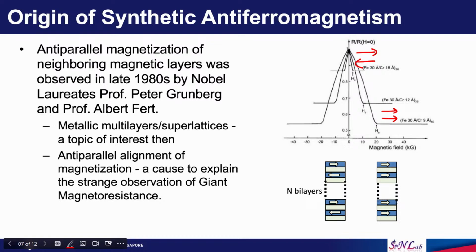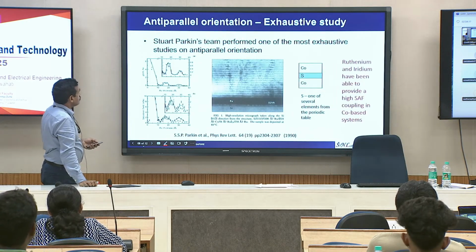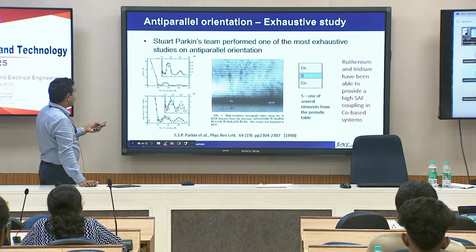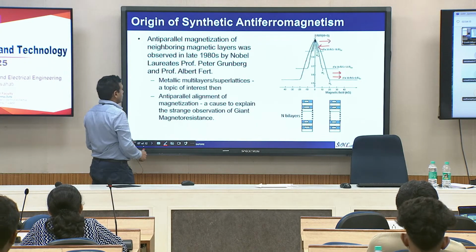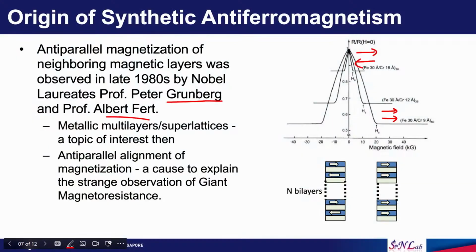So, this is one of the earliest observations of synthetic antiferromagnetism. And similar results were also reported by Professor Peter Grunberg. Okay. They also observed similar behavior, but in a system where they have only two iron layers. Okay, so, this we have already seen.